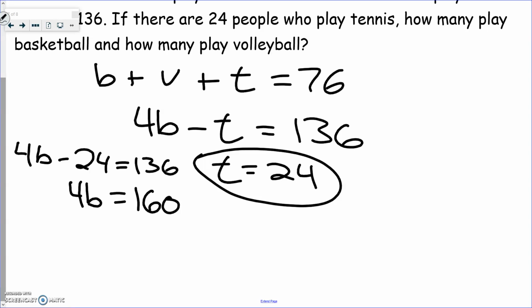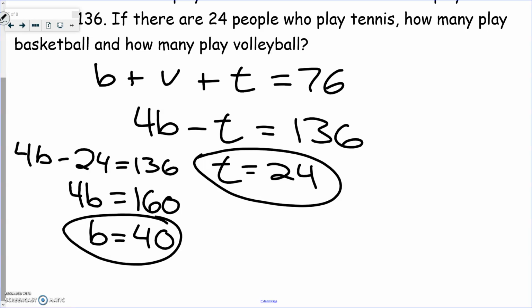Okay, 160 divided by 4 is 40. That is 40. All right.